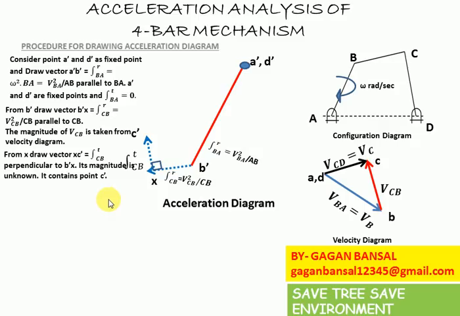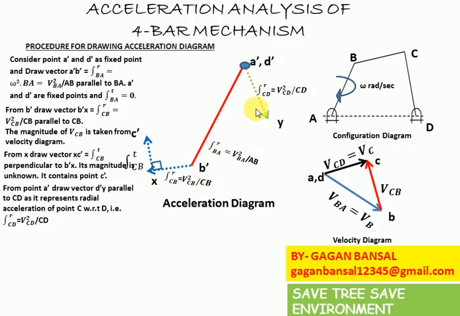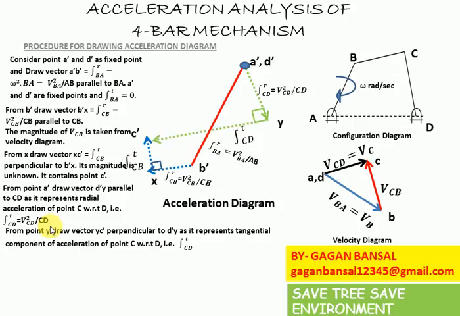Then from D dash we'll draw a radial component of C with respect to D, which is parallel to link CD, and it represents radial acceleration of point C with respect to D, that is v square CD upon CD.